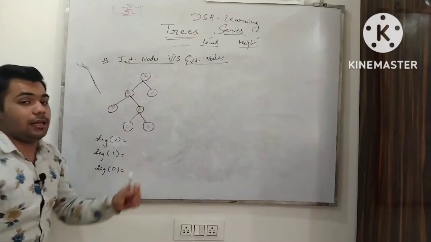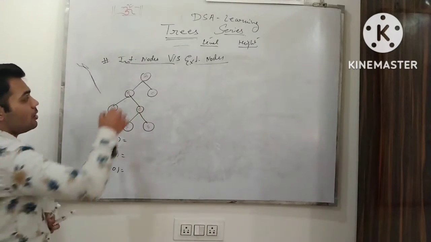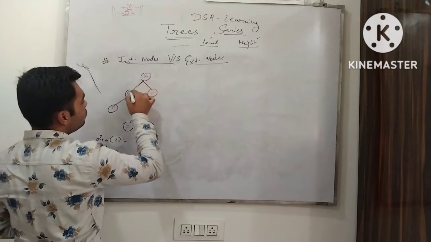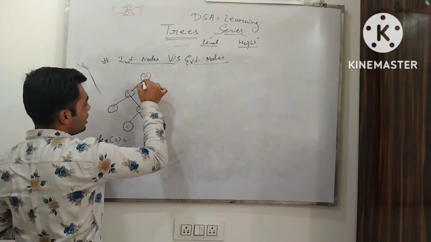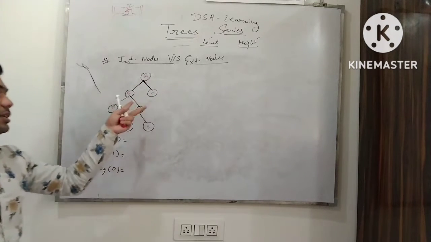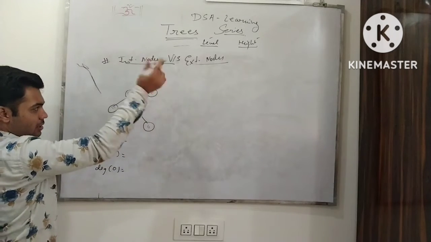What do we mean by degree? The number of directly connected children. If we start with the root node A, it has degree 2. Why? Because it is directly connected to B and C. A is the parent of B and C. So the degree of A is 2.